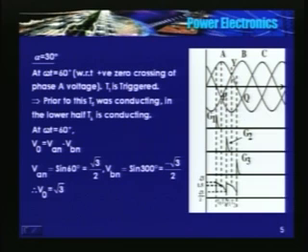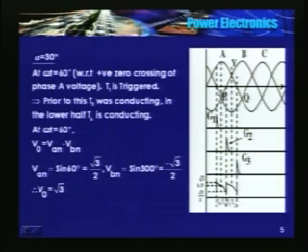For T3, this is the reference point. For T5, this is the reference point, while for the device that is connected, that is 2, this is the reference point. For 4, this is the reference point, and this is for T6. See, B phase is getting negative.